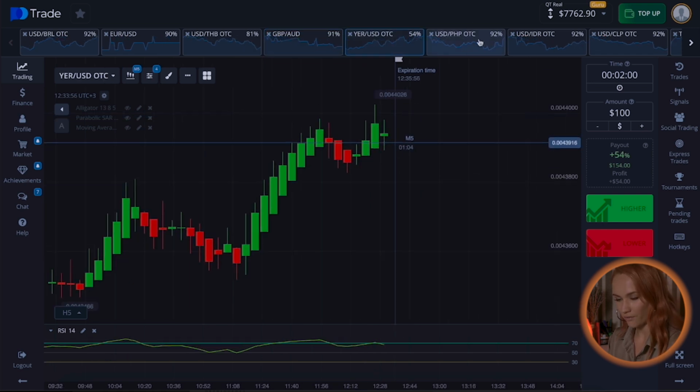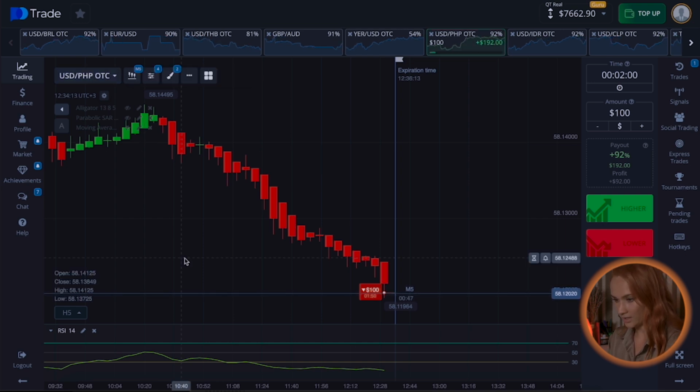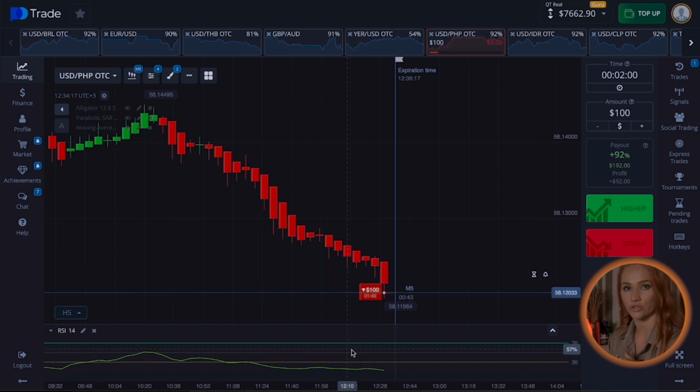So I open a USD Philippine peso deal for 2 minutes. We see that the RSI line has crossed the line 30 and is in the bear trend zone.